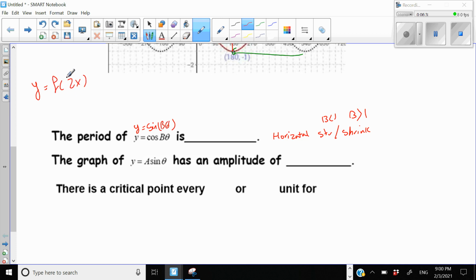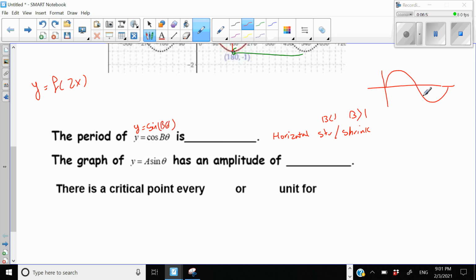We know that everything inside the function is weird, so this 2 is greater than 1, the function is going to be horizontally shrunk. Okay, so what is happening here? Let's say, for example, this is the graph of sine of theta, the parent function.